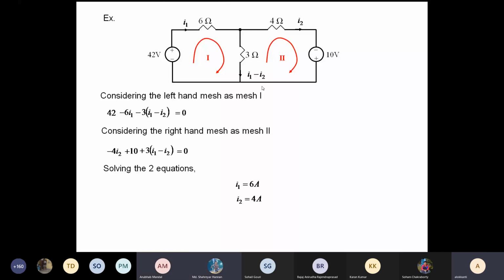Sir, but the entire outer loop is not a mesh, na? Mesh we call the shortest loop. Is the outer loop a mesh as well? So that will also become one. You try that. You solve it, whether it is the same circuit, whether you get the same answer or not. I was asking whether we call the outer circuit a mesh as well.